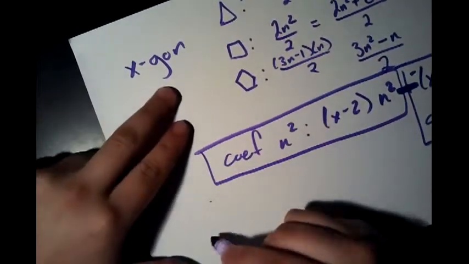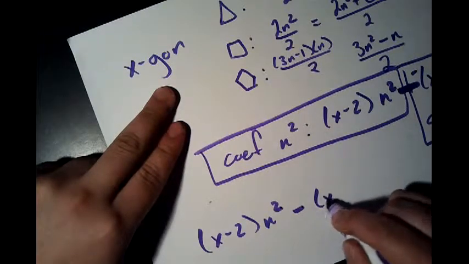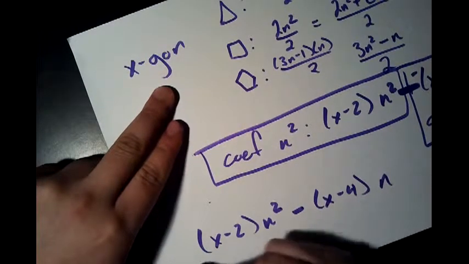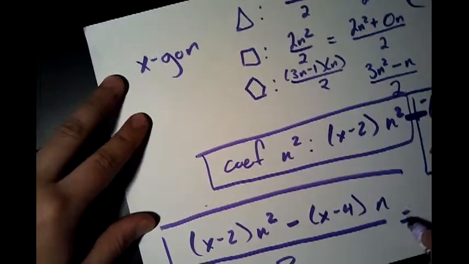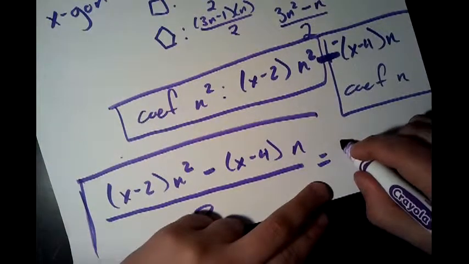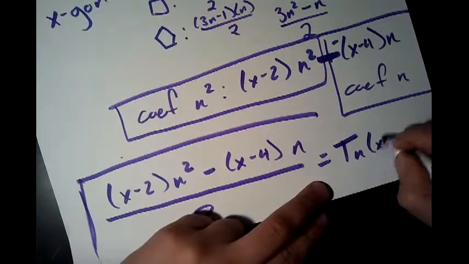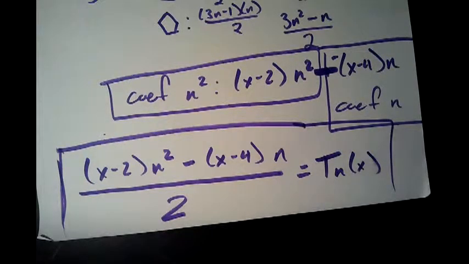So the full formula would be (x minus 2) n squared minus (x minus 4) n, all over 2. And that will give you the nth term of your x-gon. So that's how we use the algebraic method to solve for these things.